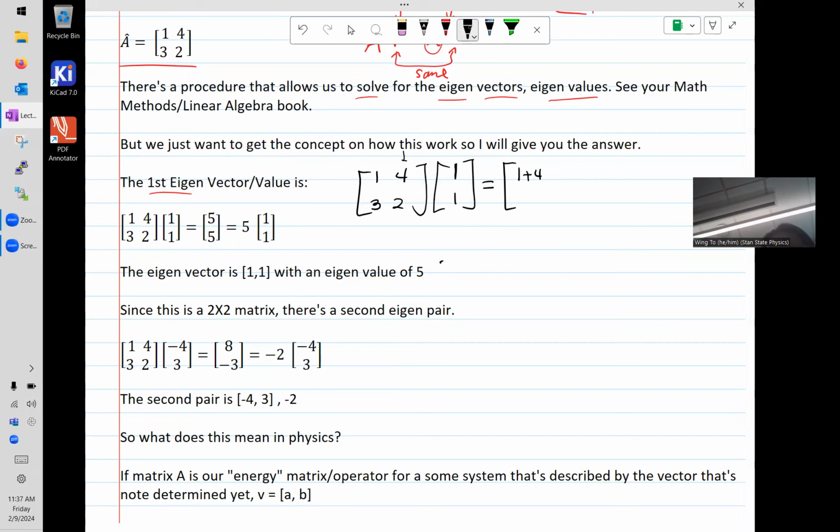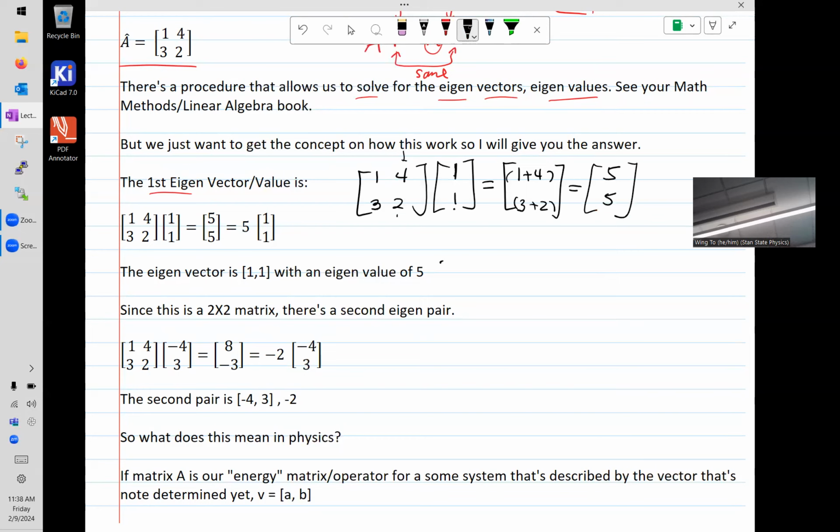Oh, this turns into a vector also. To figure out the second element, you take 3 multiplied by 1, which is 3, and then the second part here multiplied by this second part, which gives you 2. So this multiplication gives you 5, 5.